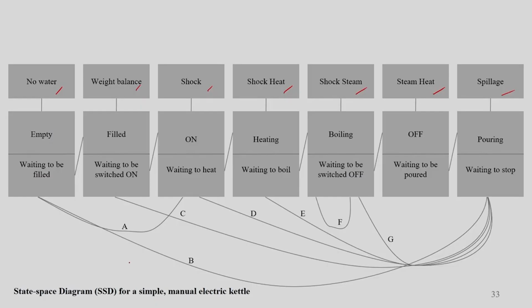Now, from here you can see there can be different exit points. So, when there is no water, if it is empty waiting to be filled, from here you can directly go for the shock. Empty, you are actually switching on, there is a possibility of an accident. Okay, whereas it is empty and you are trying to pour the water. Okay, so there is an accident.